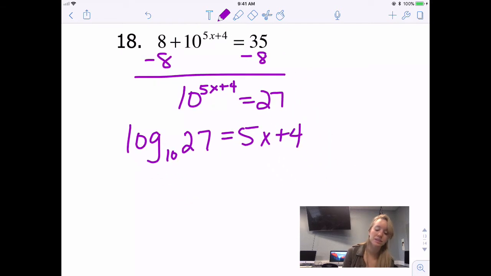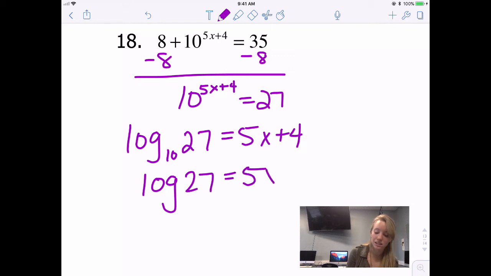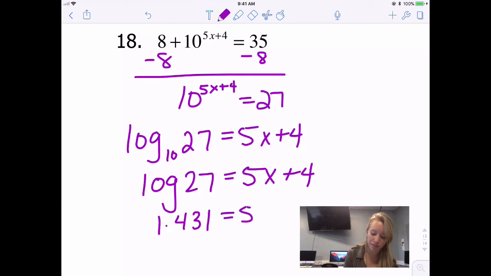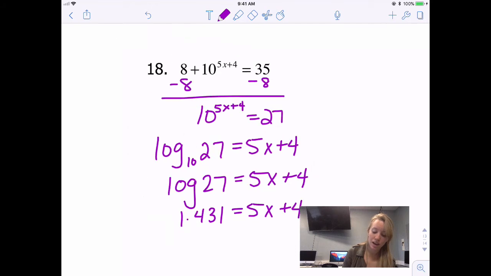Now this seems a little intimidating because we have so much going on on the right side, but remember that log base 10 of 27 is a number. In fact, since log base 10 is just log, it's log 27 equals 5x plus 4. So in my calculator, log 27 is 1.431, equals 5x plus 4, and then I can solve.